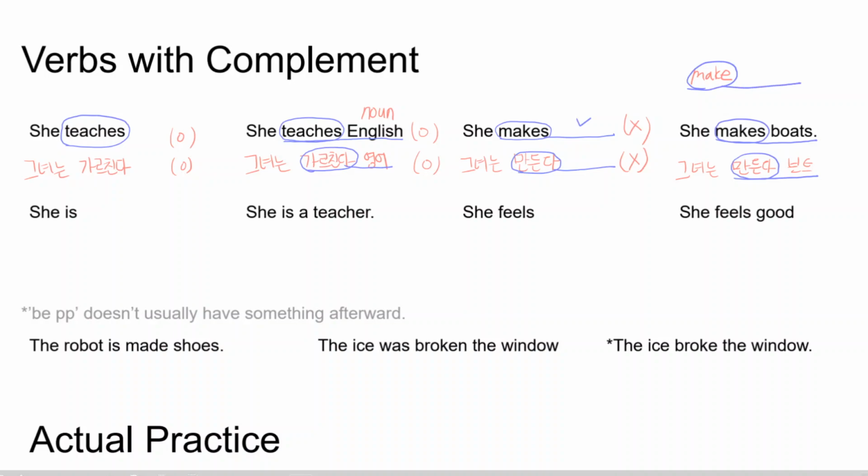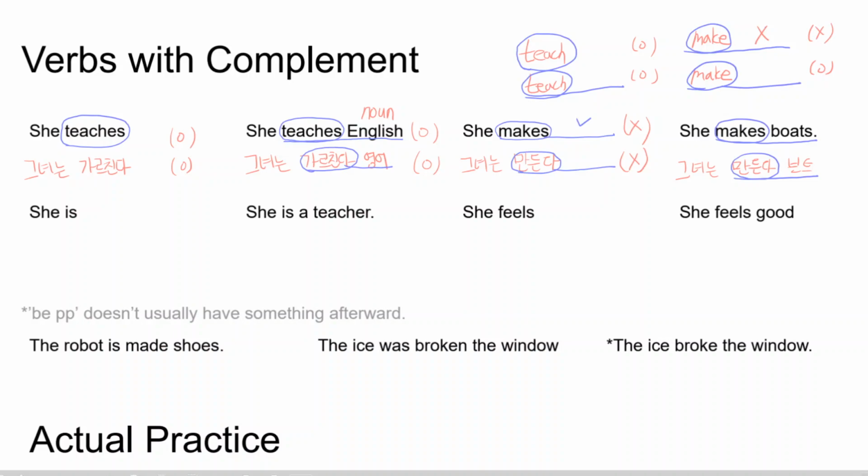Whereas teach can be alone, can be used by itself, and sometimes teach wants to have a complement. They're both okay. But the verb make always wants to have a complement. Okay? So if something's missing here, it's always wrong. Okay? Okay, let's move on.